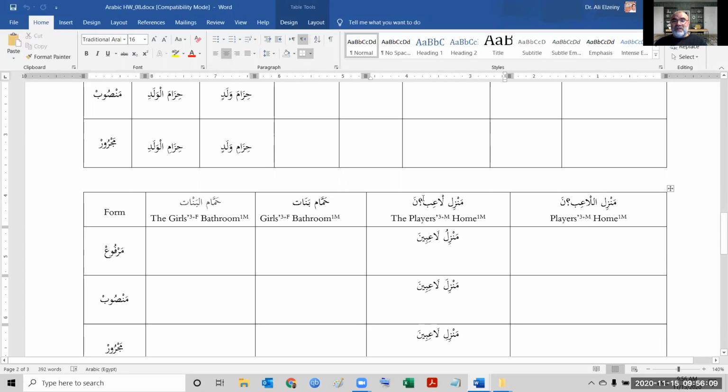Okay, because it can be لاعبين or لاعبون, because that's the players. It's like it says منزل, home, a male word, and لاعبون, players. 3 plus M means plural. Okay? So this لاعبون is 3 plus M.